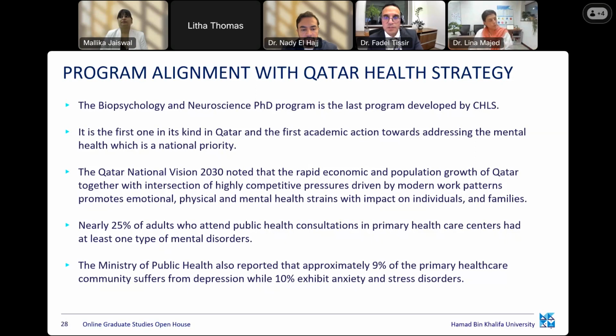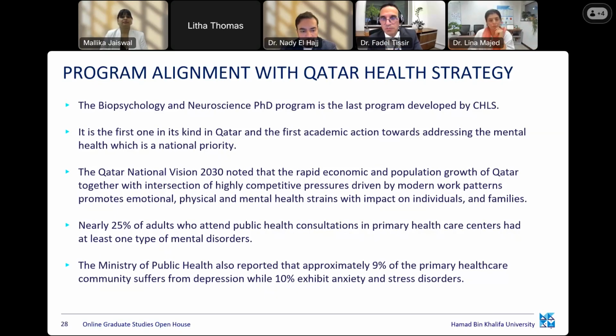The Qatar National Vision 2030 noted that rapid economic and population growth of Qatar, together with the intersection of highly competitive pressure driven by modern work patterns, promotes emotional, physical, and mental health strains with impact on both individuals and families.